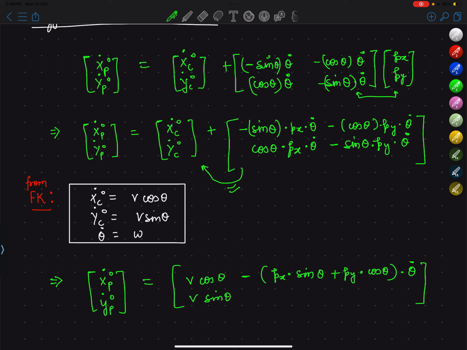Alright, and this can be written as plus px cos theta minus py sin theta into theta dot.